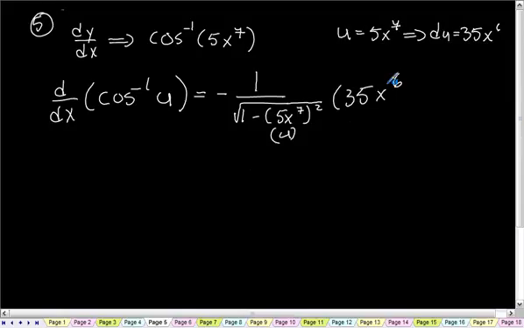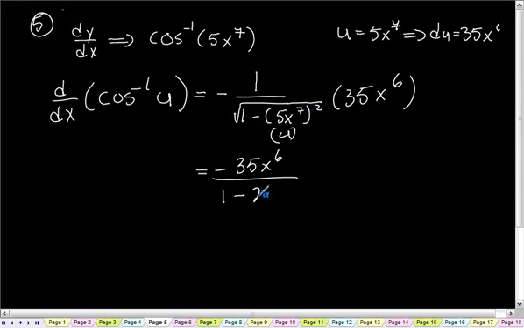Multiplying across, I get negative, don't forget the negative in front, negative 35x to the 6th on the top. On the bottom, I have 1 minus 5 to the x to the 7th to the 2nd power.